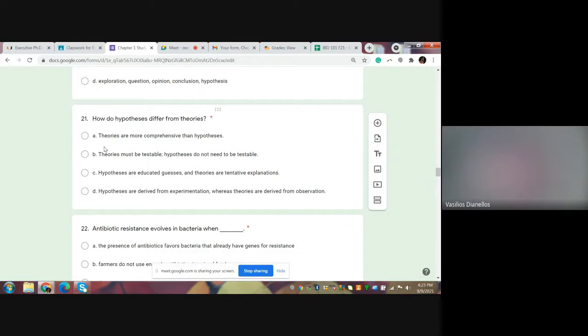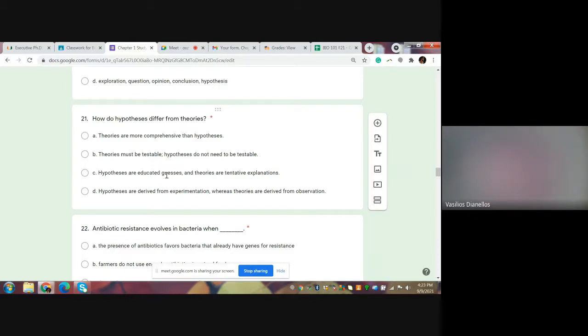Actually, let me address some of these other bad choices. Theories do need to be testable. That's true. But then it says hypotheses do not need to be testable. That is a false statement. Hypotheses do need to be testable. Hypotheses are not necessarily educated guesses. I think whoever wrote this study guide included that because that's one of the common things we've been misled about our whole life.